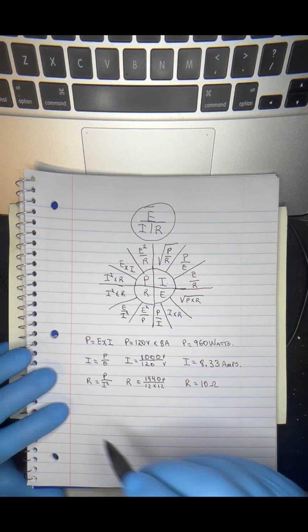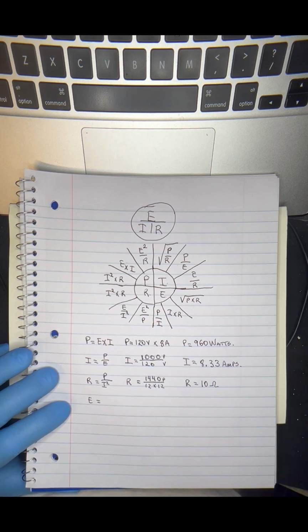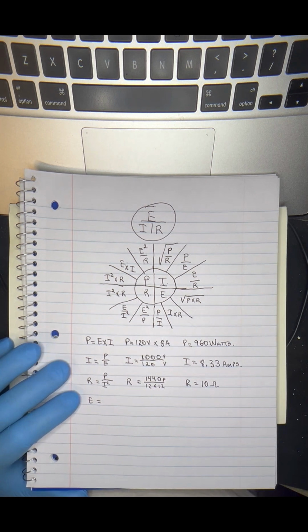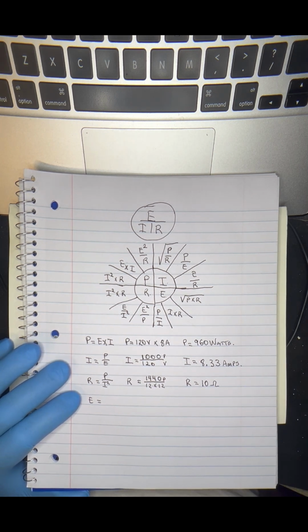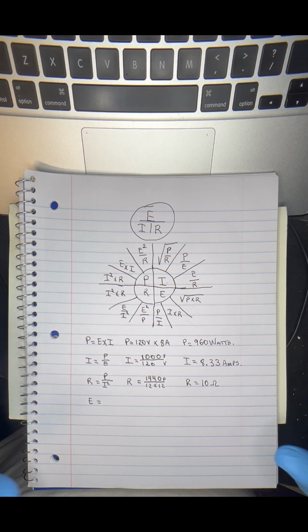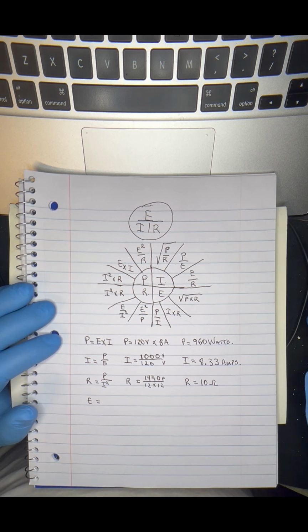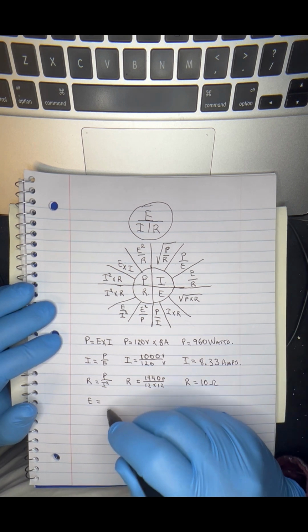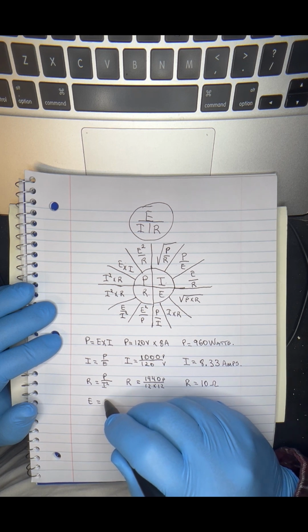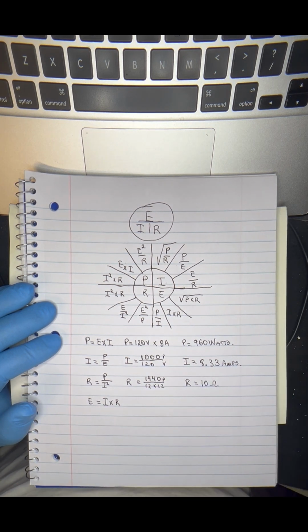Now let's go to voltage. Last but not least, for example, this probably will never happen, but say you're trying to find E, you can calculate the amperage times the resistance of a circuit.